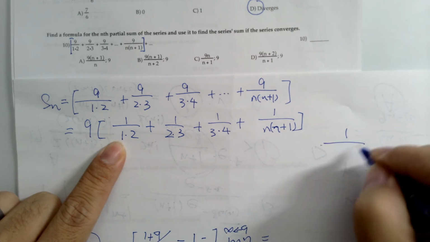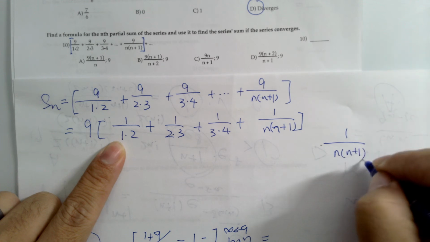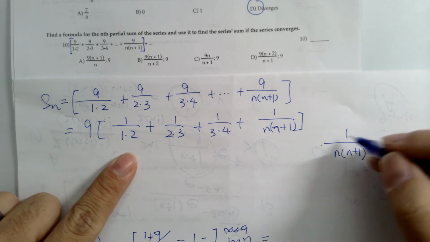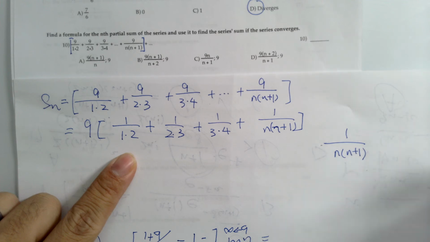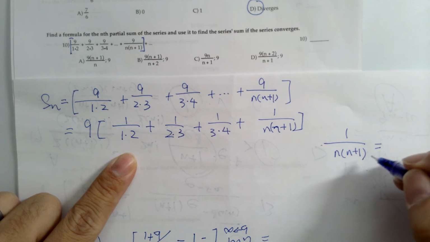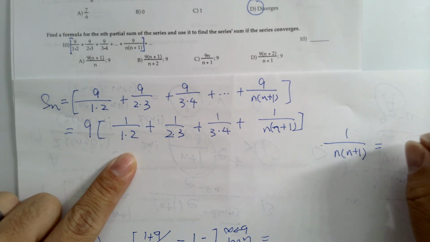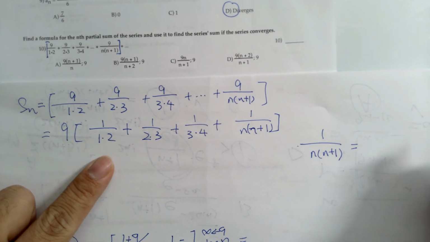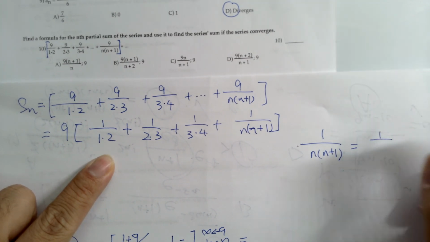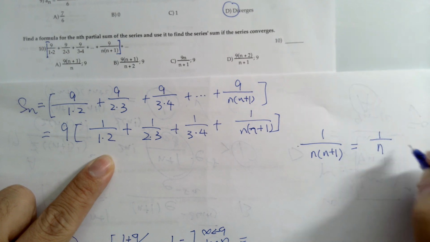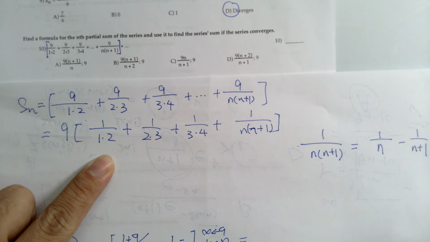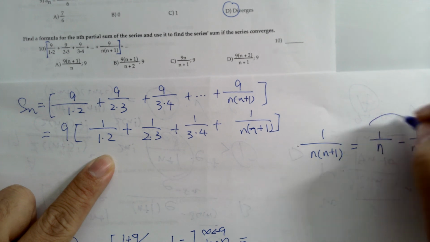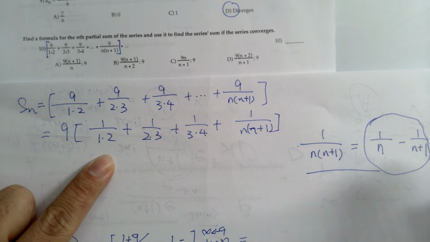So if we only specify this an here, a trick is that 1 over n times n plus 1 can be split, kind of like using the partial fraction decomposition technique, into 1 over n minus 1 over n plus 1. Okay, so this is a super useful format.